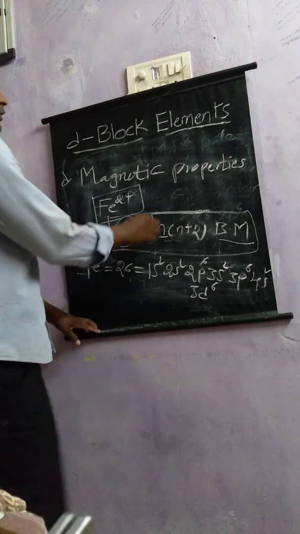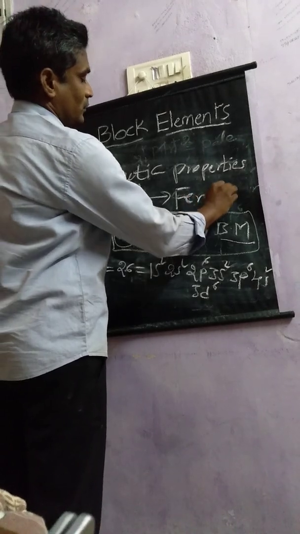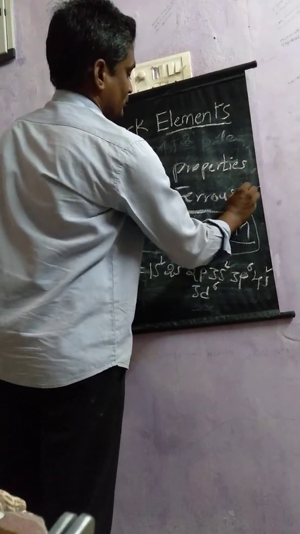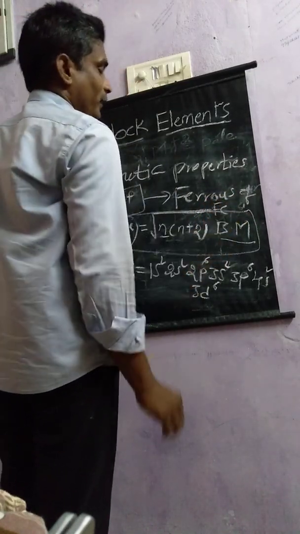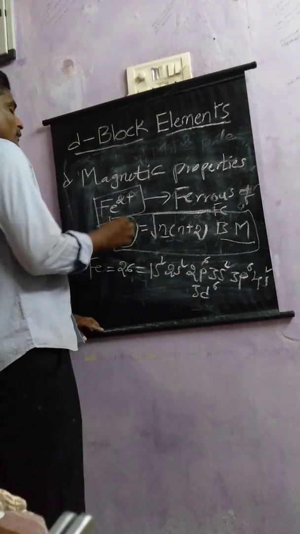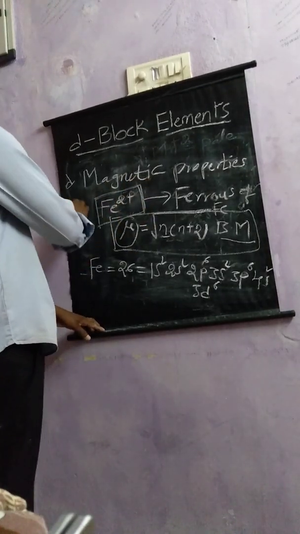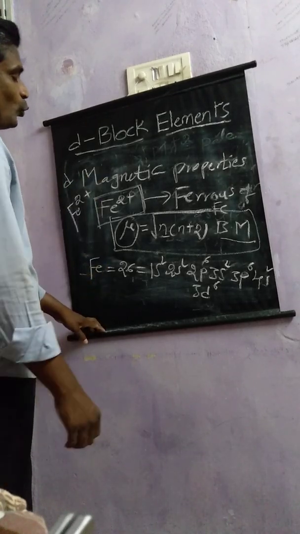That means the ferrous state of Fe. When iron is in the ferrous state, it is represented as Fe2+.